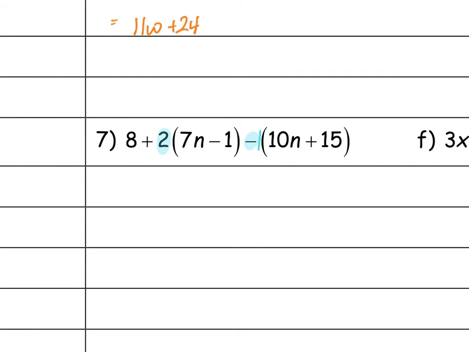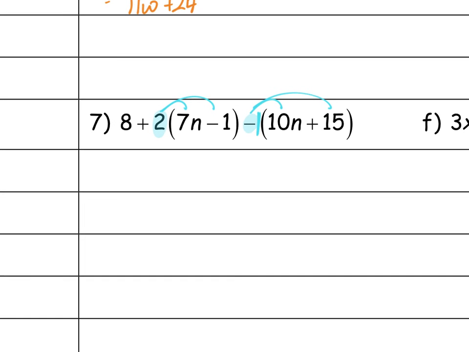If there's not a number there, it's always 1. So I'm going to distribute the 2 through that parenthesis, the -1 through this parenthesis, and then I'll see what all my like terms are and put everything together. I want to do all my distributing first and then find my like terms.